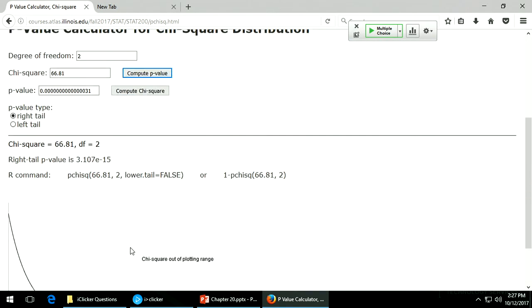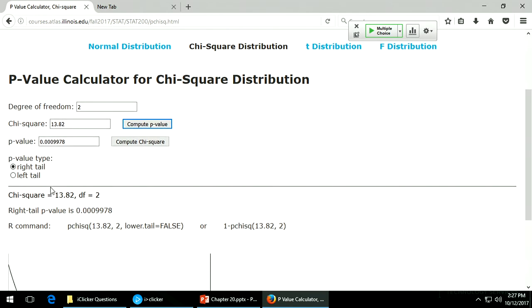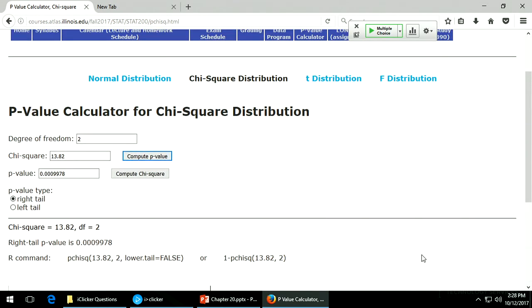If you put 13.82 in here and compute the p-value, we get about 0.1%. But we're way further to the right than that, so our p-value is less than that. Does that make sense to everyone?